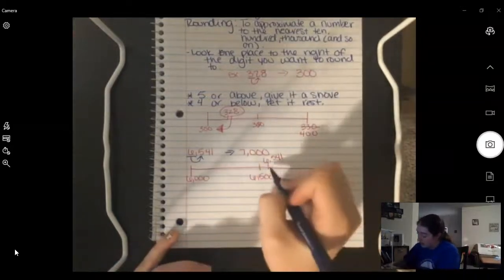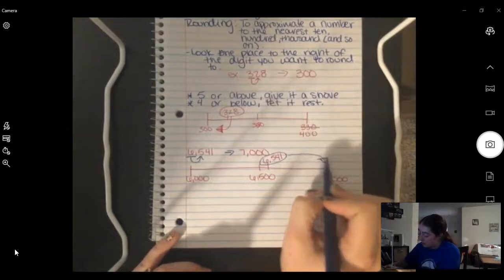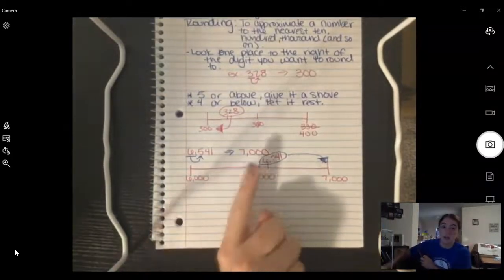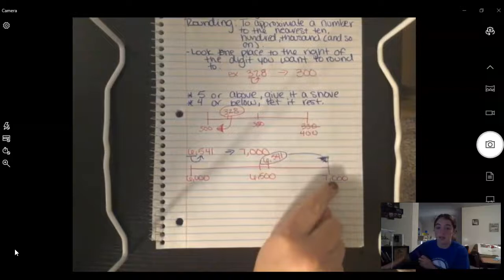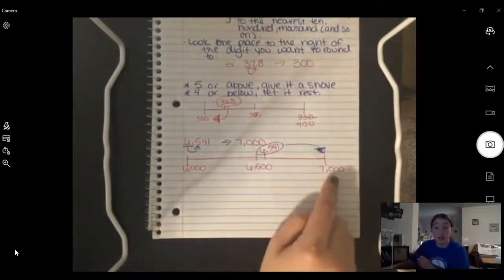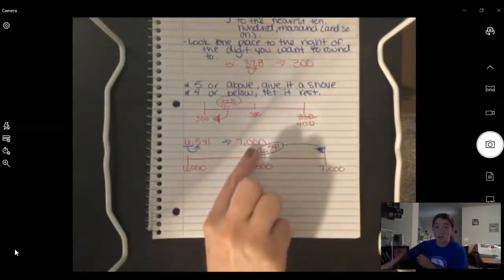So we can see that this number is closer to 7,000 than it is 6,000. That is why that number is rounded up. Okay, so if you need to draw a number line to help you visually see why that number would be rounded up, go for it.